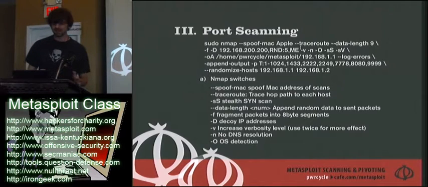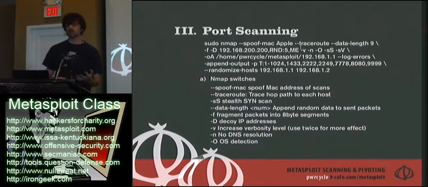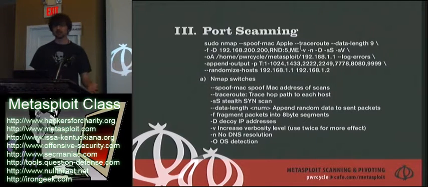Next option, -D. These are for decoys. This is where Nmap's ability to spoof IP addresses comes in pretty handy. Even though you're doing a stealth SYN scan of the target, when you find an open port, you're still going to try to verify that port.